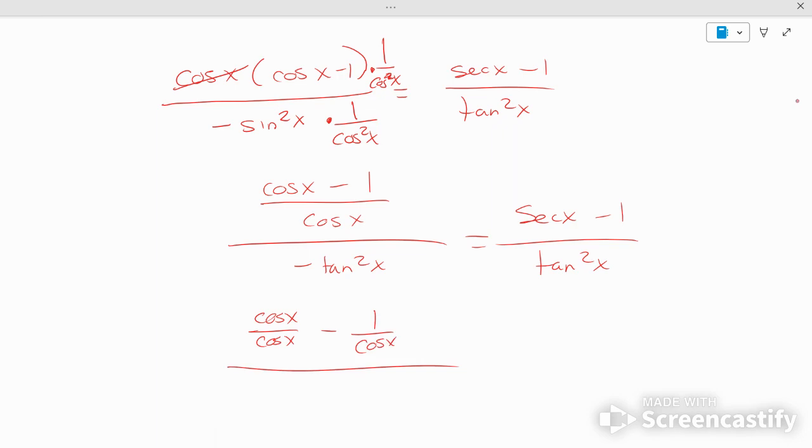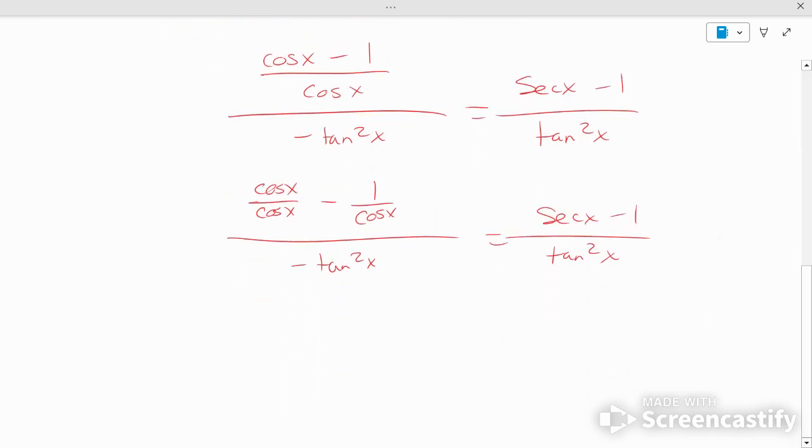See how I took this and separated it into two fractions? What's cosine of x over cosine of x? 1. What's 1 over cosine of x? Secant of x.